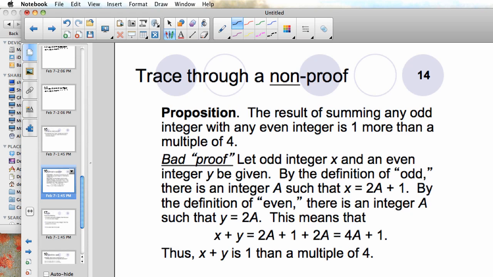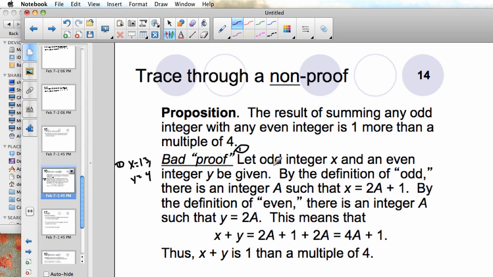And so that's all we mean by tracing a proof, is going back to that model. So in this case, if I'm really tracing this through, it's handy to perhaps number the sentences. So the first sentence says, let odd integer x and even integer y be given. And then over here, in my trace, I'll put the number 1 and I'll say, I chose x equals 13 and y equals 4.